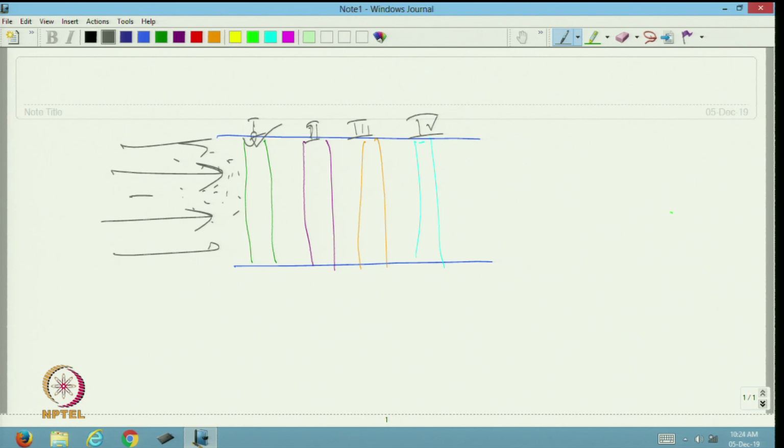We must allow the air to pass through initially at a certain velocity. Here the velocity of air is highest, so the pressure drop should be as low as possible.